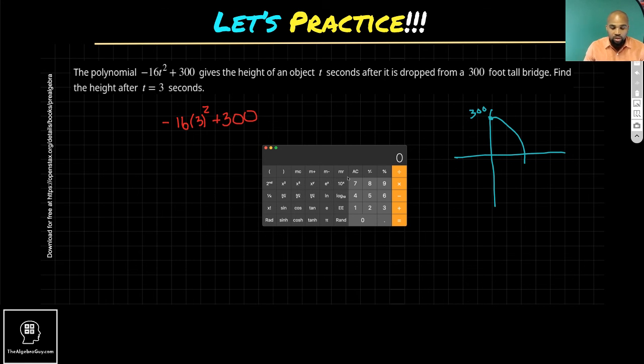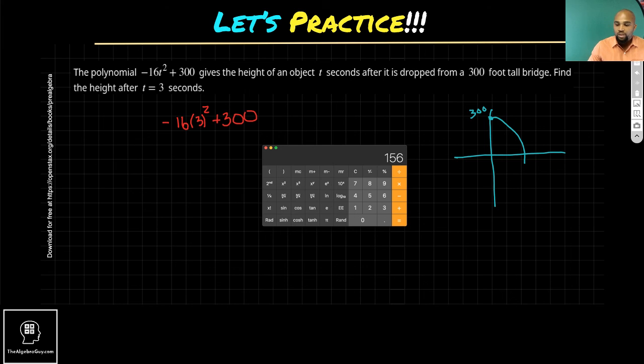So I already know this is 9 times negative 16, so I'm going to go to my 9 times 16. And I know this is negative. Let's see if I can find a negative sign on here. It's supposed to be negative, but I can't find it. But, oh, here it is right here. Negative. So I'm going to add that negative 144 plus 300. And it gives me 156.